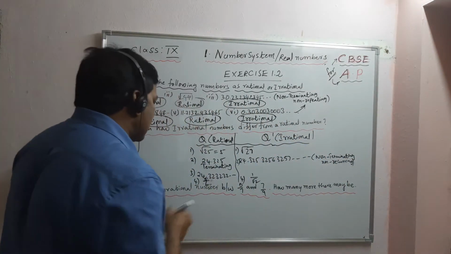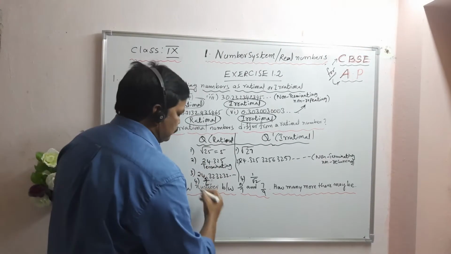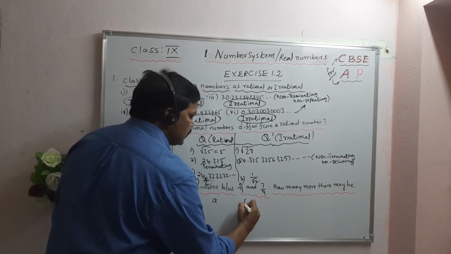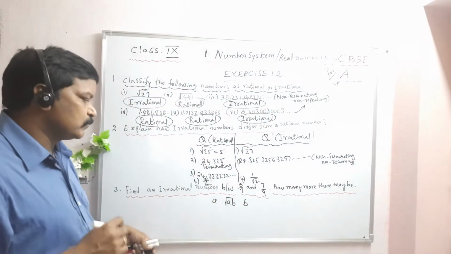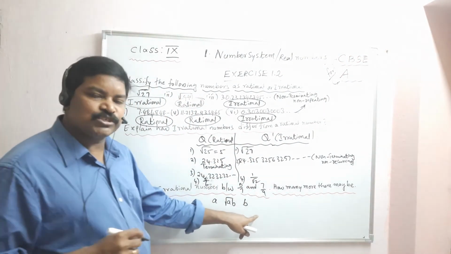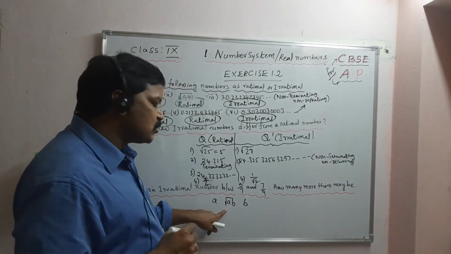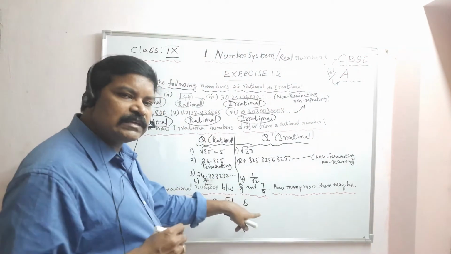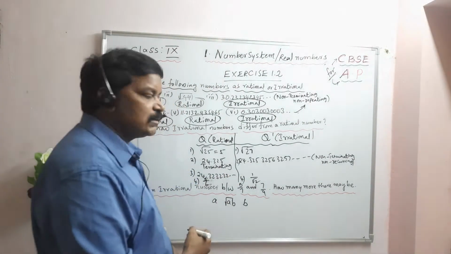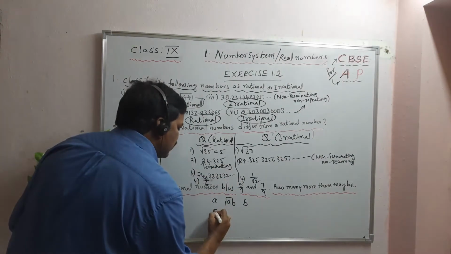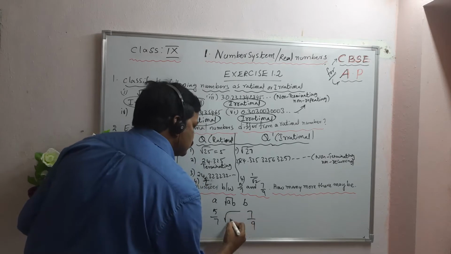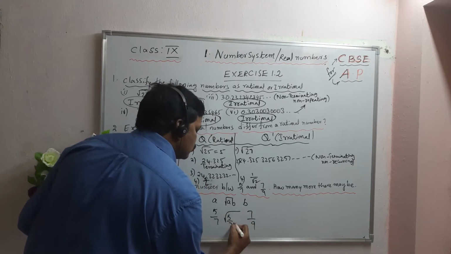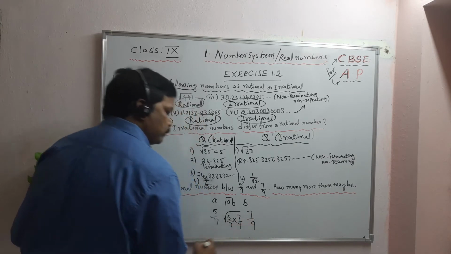See, actually there is a formula. For a and b, root ab is an irrational number. A and b are rational numbers. The irrational number between a and b is root ab. So here for 5 by 7 and 7 by 9, the irrational number means root of 5 by 7 into 7 by 9.